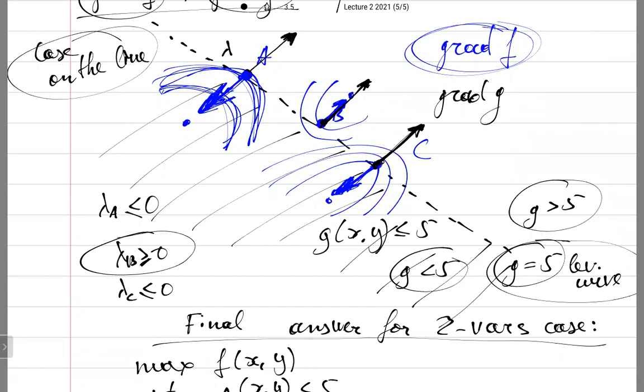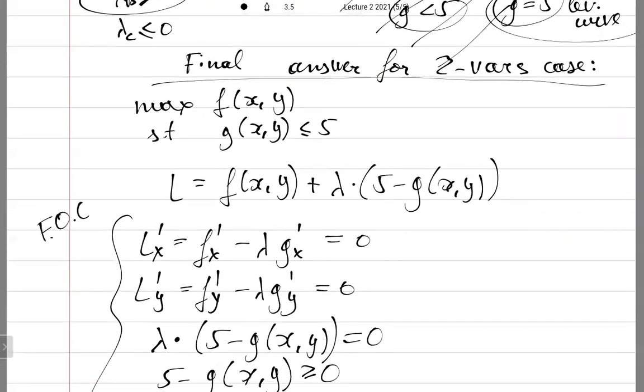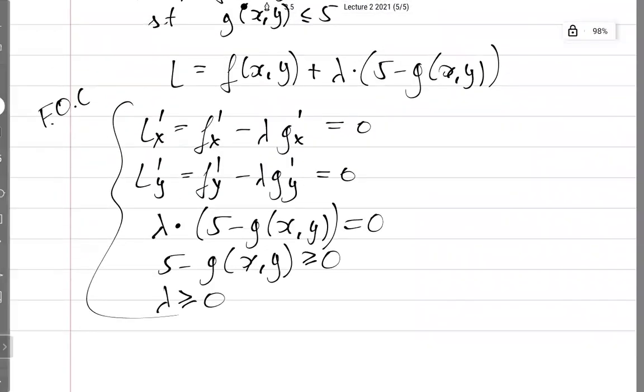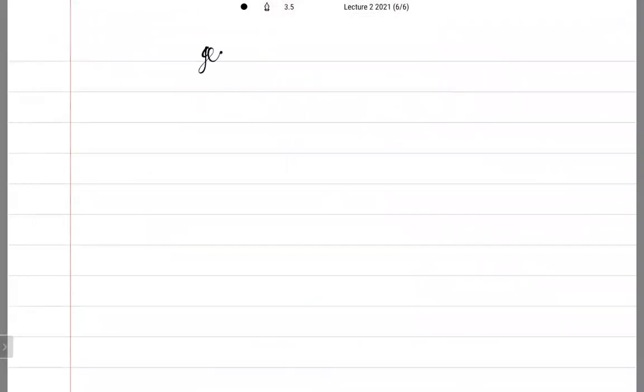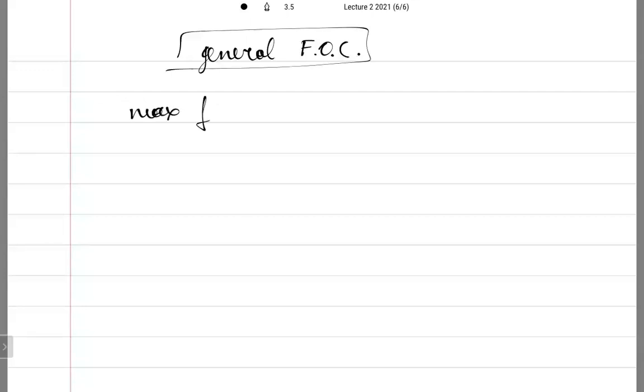Yes, clear. And the general case. So if you have understood this, then the general procedure, the general first order condition will be: imagine that you have a maximization problem. We will write, so you have a lot of variables, x1, x2, xn.